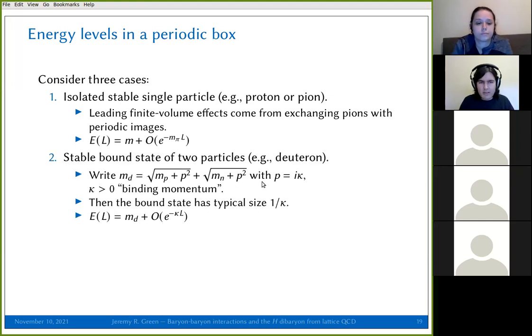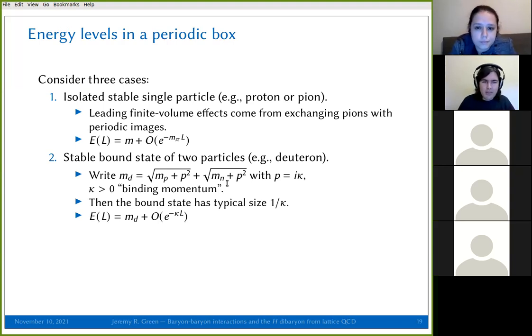Another case is for a stable bound state of two particles. I'm thinking here of a weakly bound state like the deuteron. Here you can write it as follows: if you imagine you have a scattering state of neutron and proton, in order to get the mass of the deuteron, you need to have negative p squared, so this is imaginary momentum.